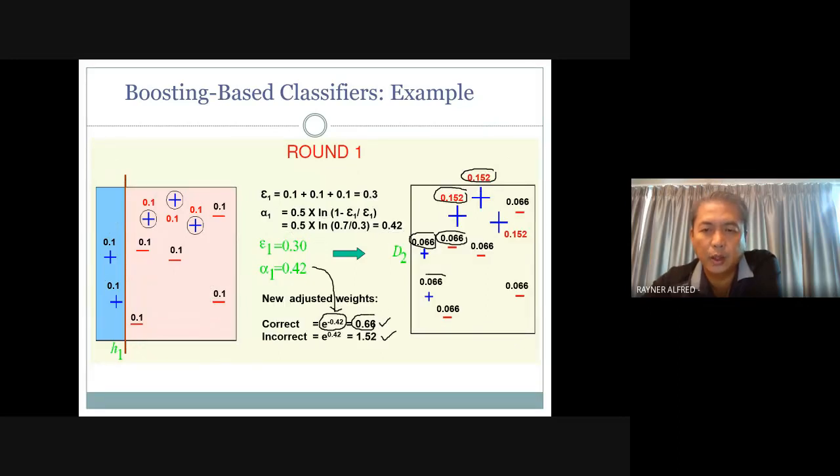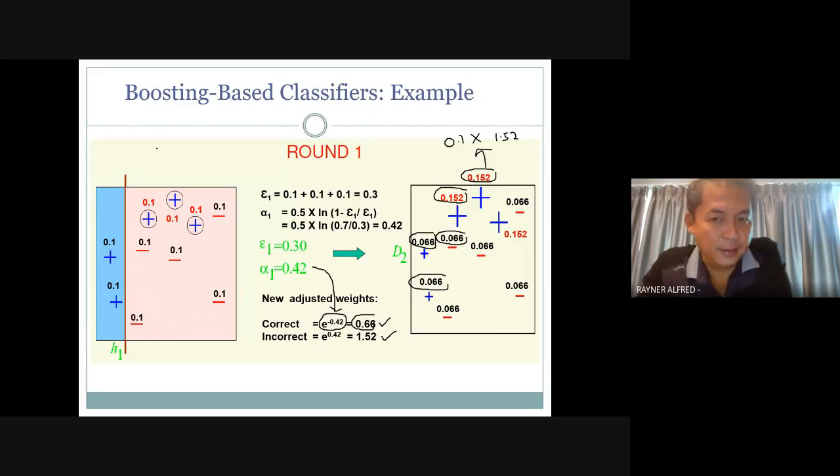So that's why we get 0.066, and this one is 0.152. This one is coming from the initial weightage times 1.52, then we get that.